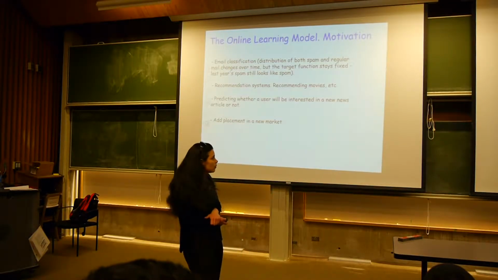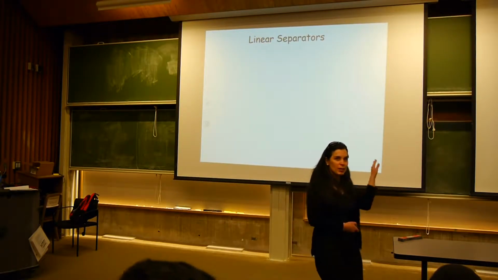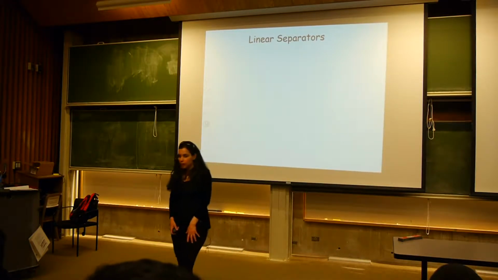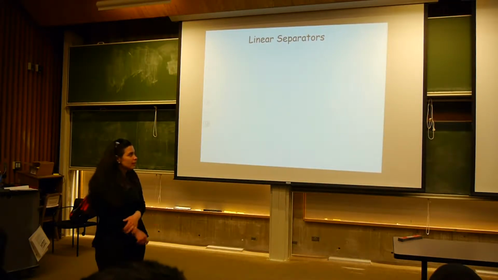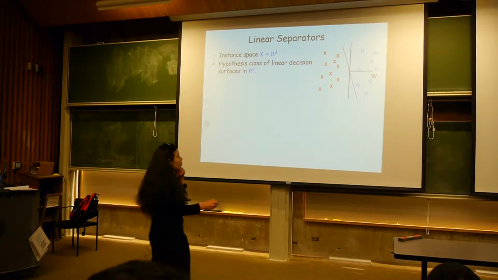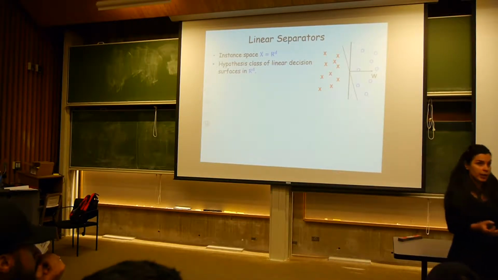I'm going to skip the motivation for that model for now. If you are curious, you can come back to this later. So let's think about the case when the target function is a linear separator. I'm in the online learning model, but the target function is a linear separator. So let's assume that the instance space is a Euclidean d-dimensional space.